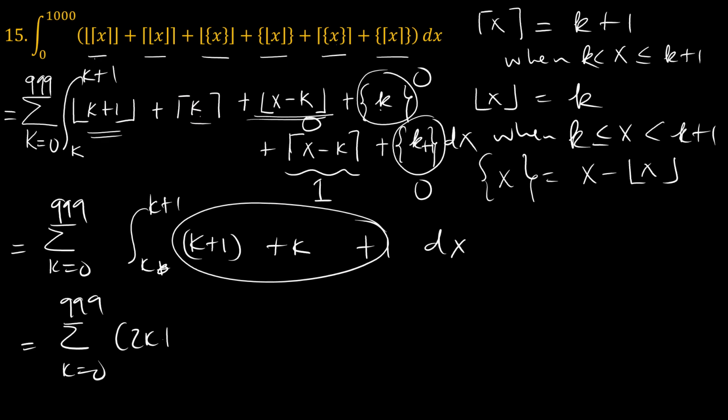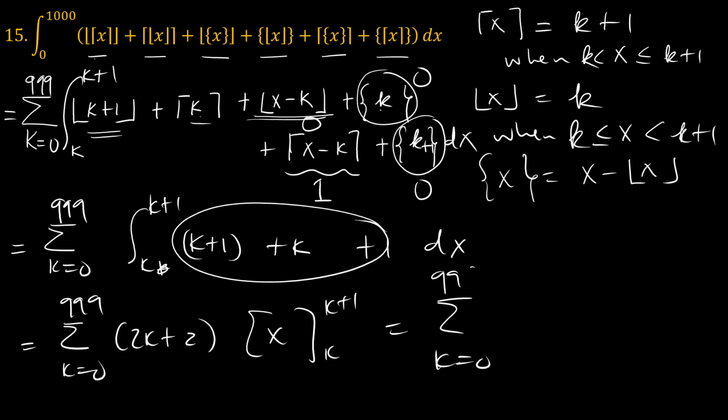Two k plus 2, which is equal to the summation from k equals 0 to 999 of 2k plus 2. Okay, so that's where we've gotten our sum.